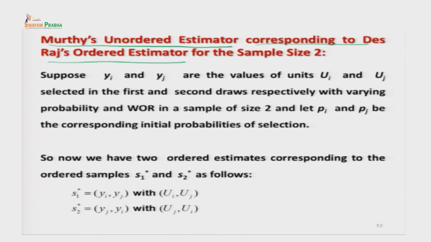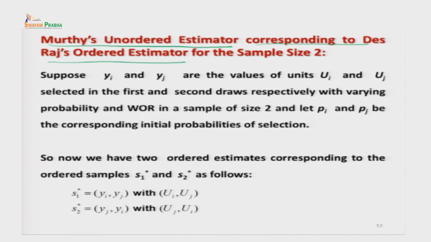So now what are we going to do? We will implement the Des Raj estimator that we have developed, and using the philosophy of this theorem we are going to construct a new estimator that is going to be called Murthy's estimator. And just for the sake of understanding, first we are going to consider a sample of size 2.